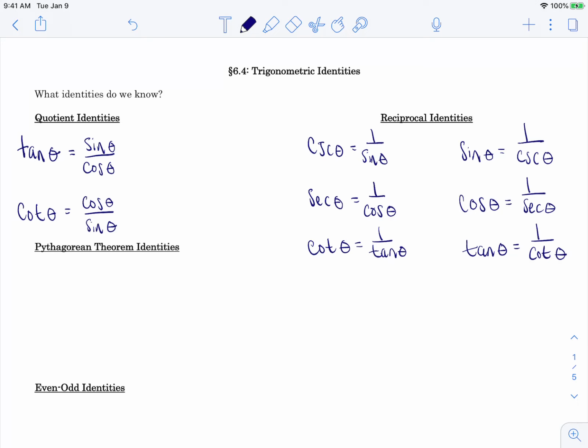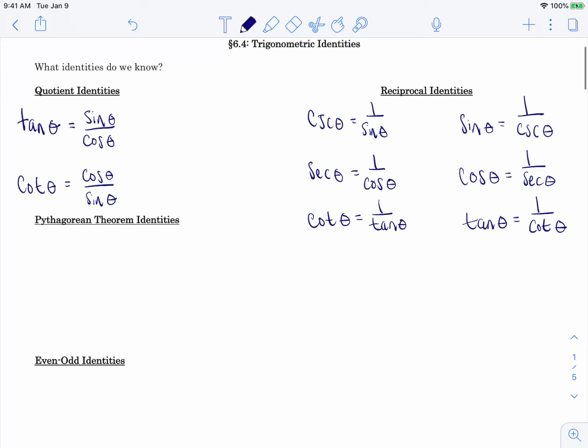All right, now we're going to get into the Pythagorean theorem identities. So this one we have talked about several times. Whether it has stuck in your mind or not, I'm not sure, but hopefully after this section it really sticks in your mind. So the Pythagorean theorem identity is that sine squared plus cosine squared equals 1.